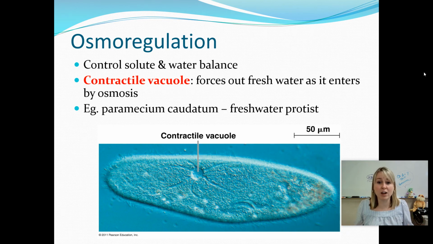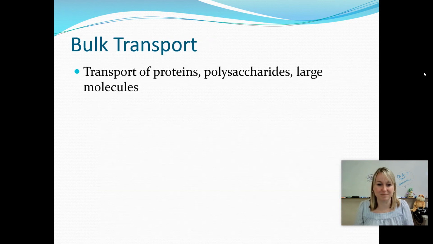They live in an environment where there's very low solute, but inside their cells, they have so much stuff that they're making and using. So in order to prevent the water from flowing in and making them burst, they have vacuoles that can contract, that have really cool microtubules on them that help force the water back out so that they can stay the same size.